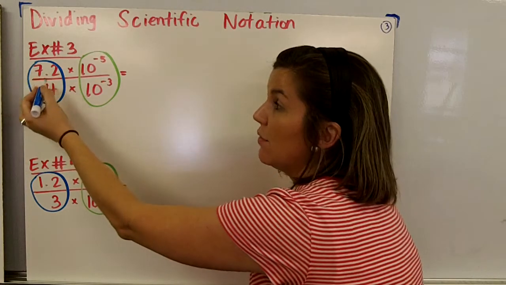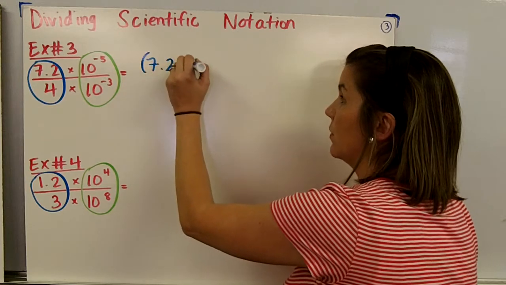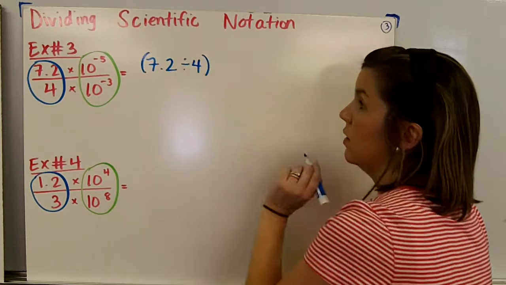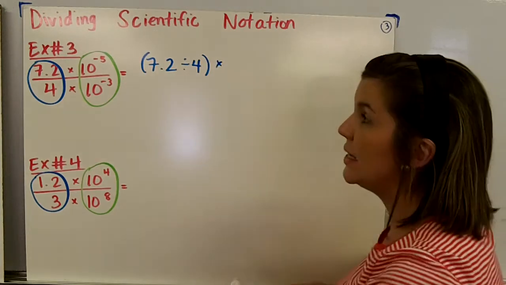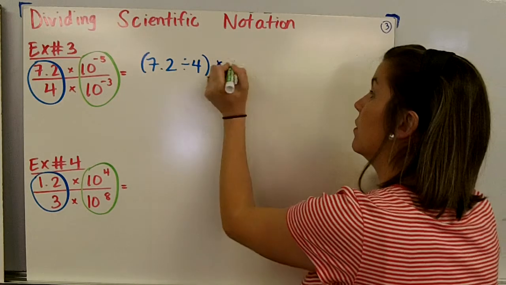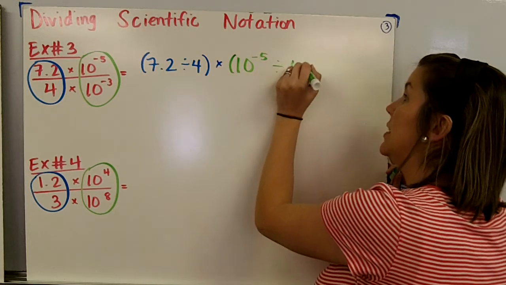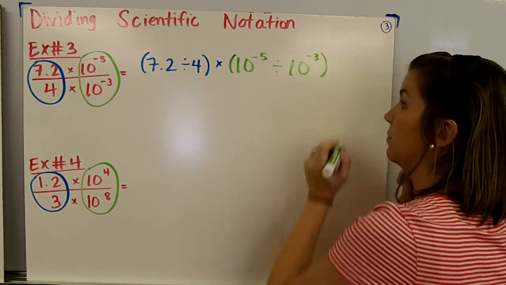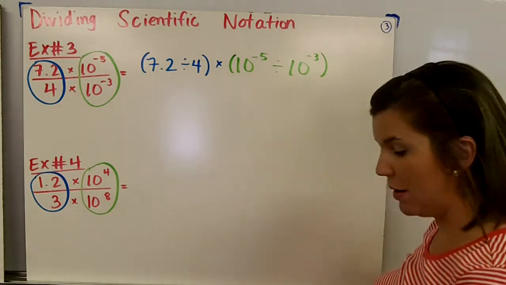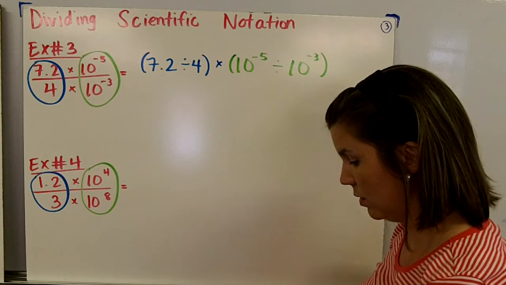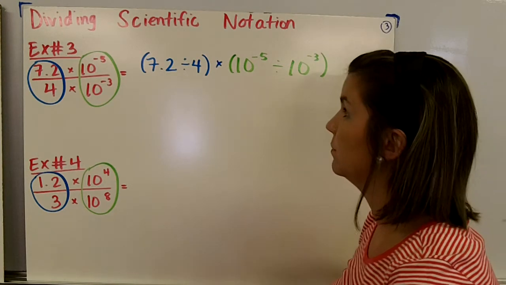So we can do 7.2 divided by 4 times 10 to the negative fifth divided by 10 to the negative third. So you can do this on your calculator. 7.2 divided by 4 is 1.8.